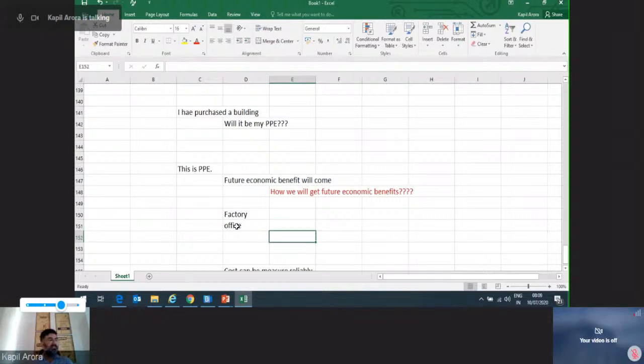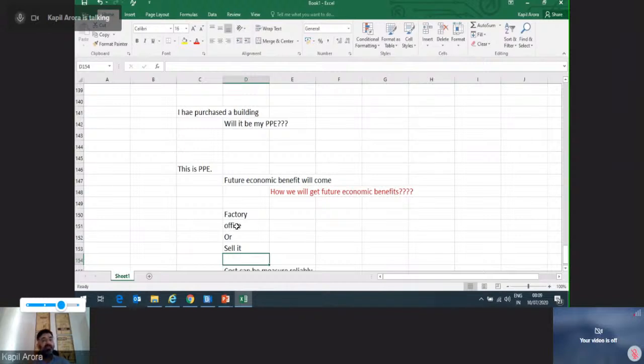Or I put it on rent. Future economic benefit will still come. Now that will fall under investment property, but the recognition criteria of all the assets is the same. So future economic benefit will come if I use it or if I sell it. Right, Joseph?